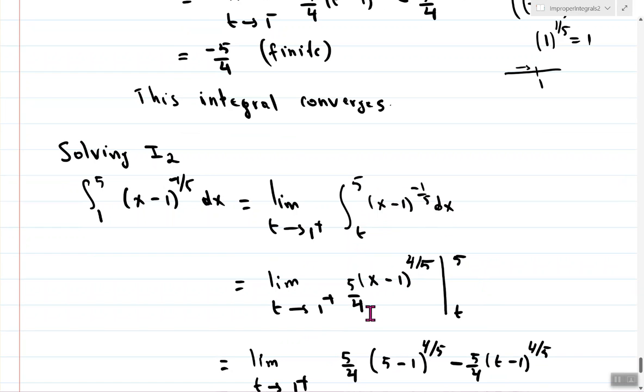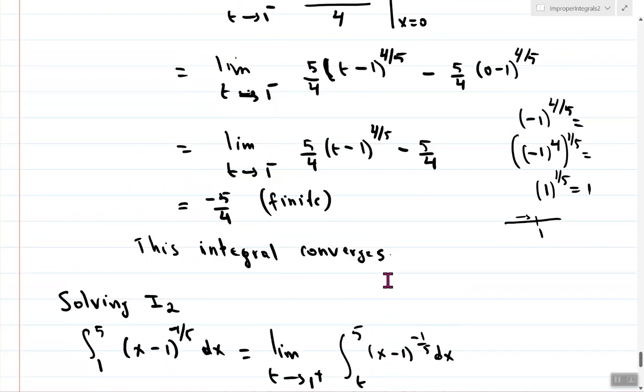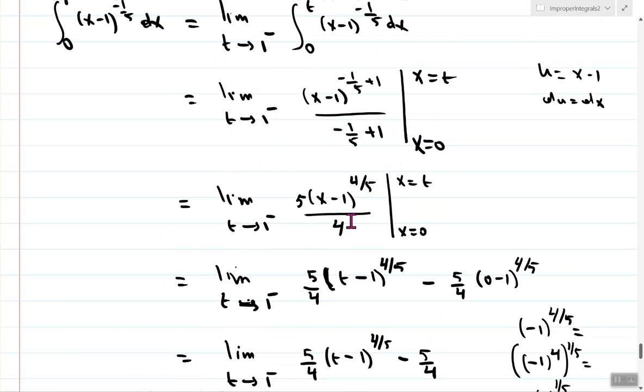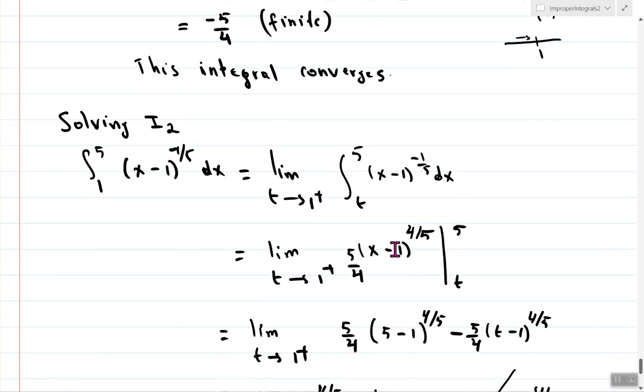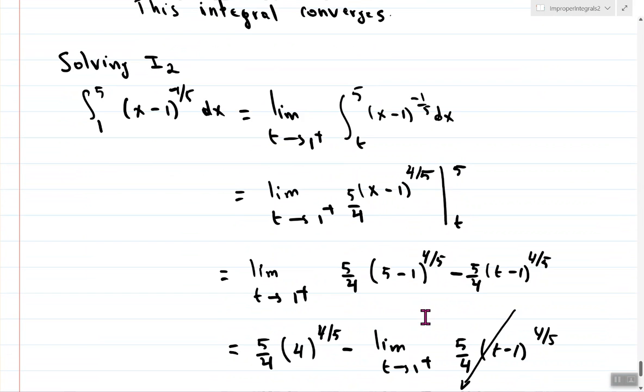So we already know the answer for this integral. You can just copy it down, which is what we wrote here. So the answer is already this. Now all we need to do is the evaluation. Okay, so we're going to evaluate this answer at 5 and t. We plug in 5 first for x, we get 4 raised to 4/5 times 5 over 4.